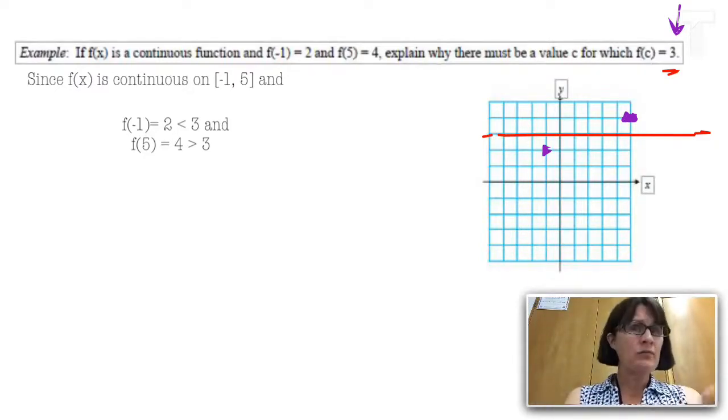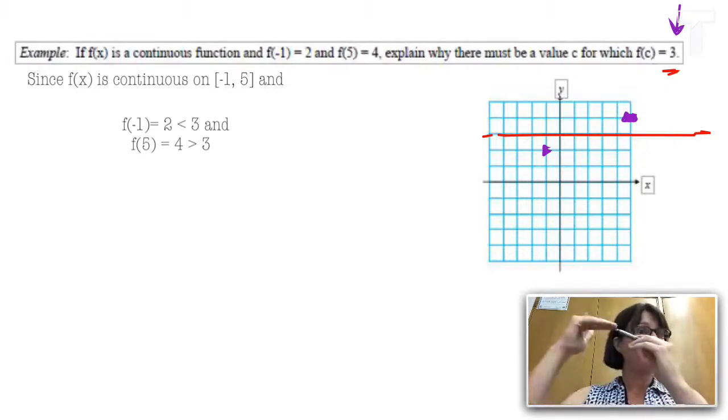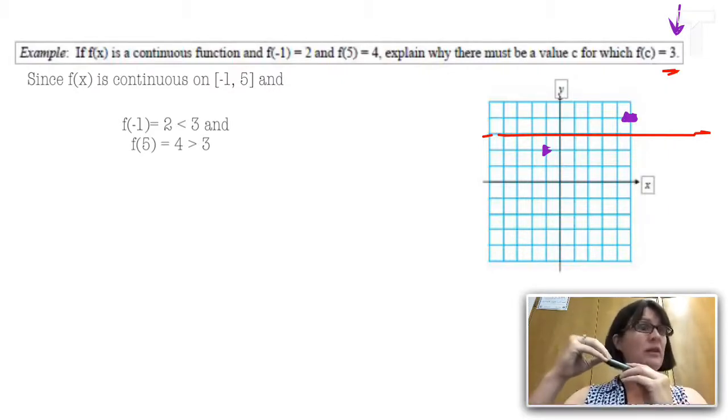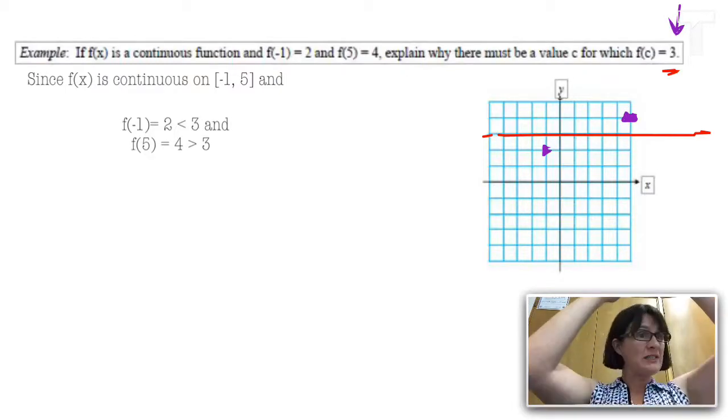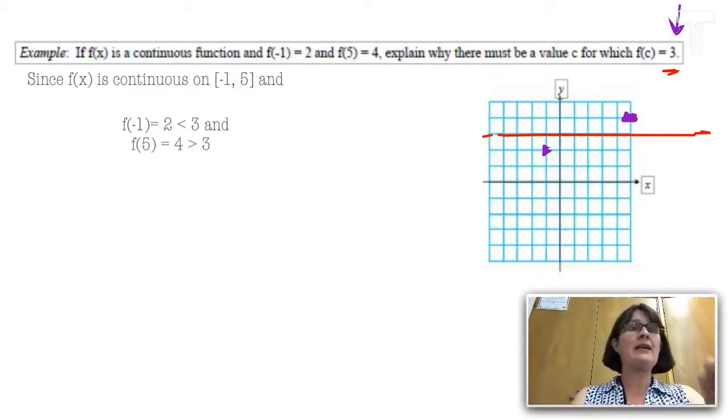So f of x is continuous, and f of -1 is 2, which is less than 3, implying that point is below the horizontal line I care about. And f of 5 is 4, which is above the horizontal line that I care about. So I'd write f of 5 is equal to 4, which is greater than 3.